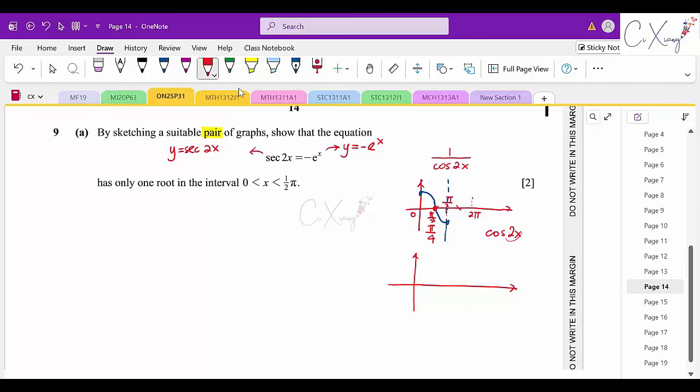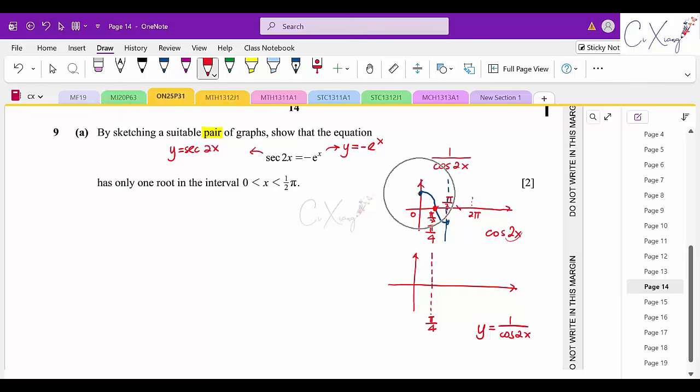When the value of y equals 0 in your cos 2x, then in your 1 over cos 2x, 1 divided by 0 gives you infinity, which is a math error. A math error means you are going to change this particular point into the asymptote, this particular line, which is pi over 4.